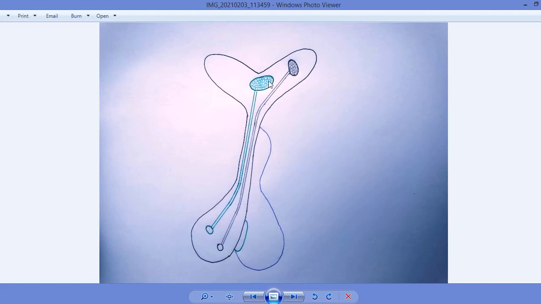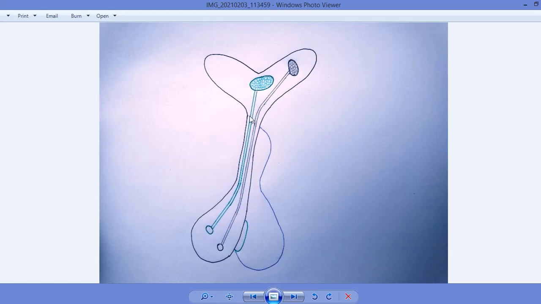So the oxytocin is transferred from the paraventricular nucleus to the posterior pituitary gland with the help of axons. This is a collection of axons which forms a tract. The collection of axons is called a tract.